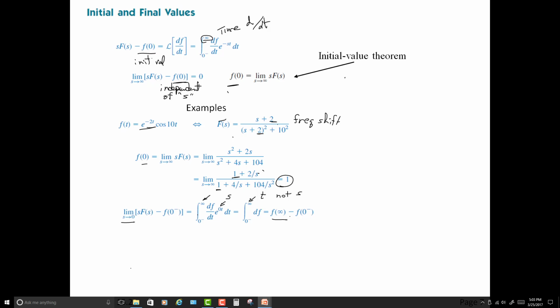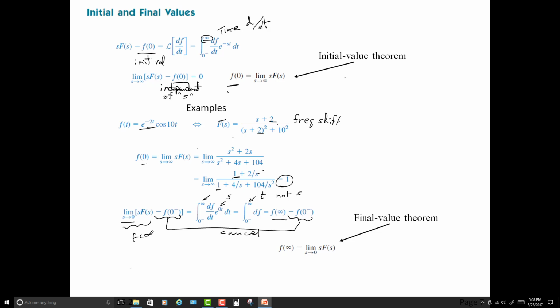But we see this same term here, and we see it here, so those are going to cancel. And we're going to get then the limit, which we'll call the final value theorem, of f of infinity is the limit right here as s approaches 0. Okay, the final value.